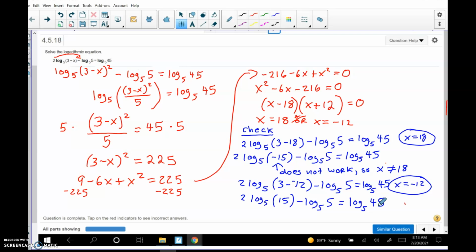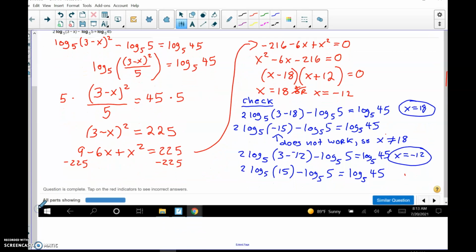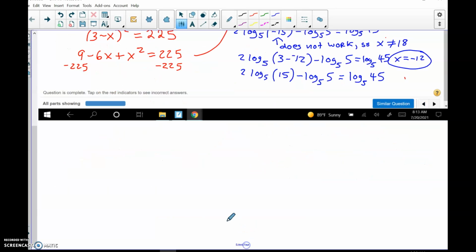We could crank this out here, putting it together. Sorry, it looks like we're running out of room a little bit. Let's see if we can skip down here. So I could put this back together, right?